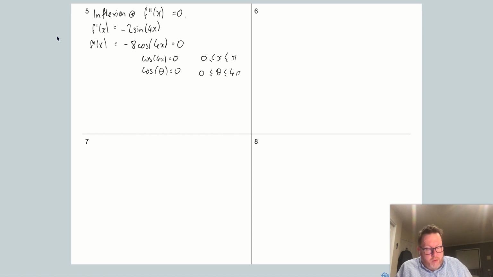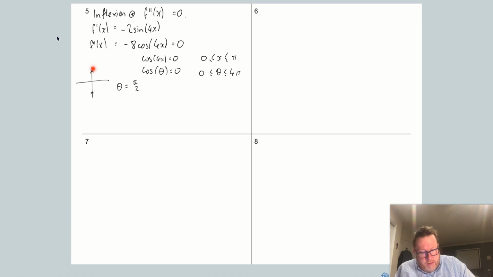Very similar to what we did before, when is cosine of theta equal to 0? We've got our unit circle here, and cosine of theta is equal to 0 here and here. And so that means that theta is equal to pi on 2.